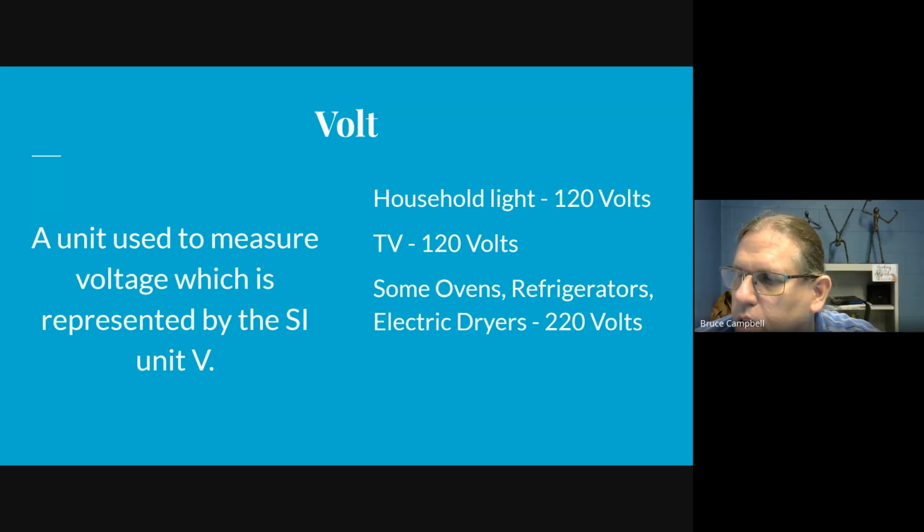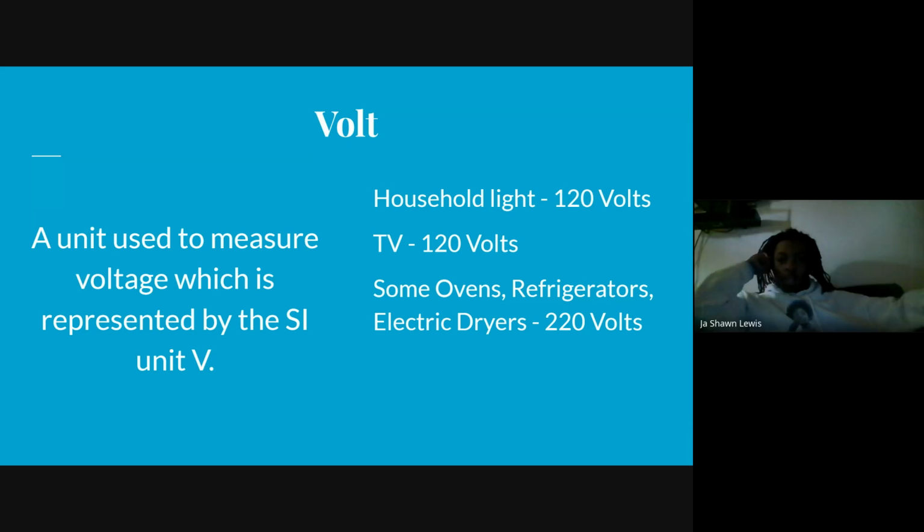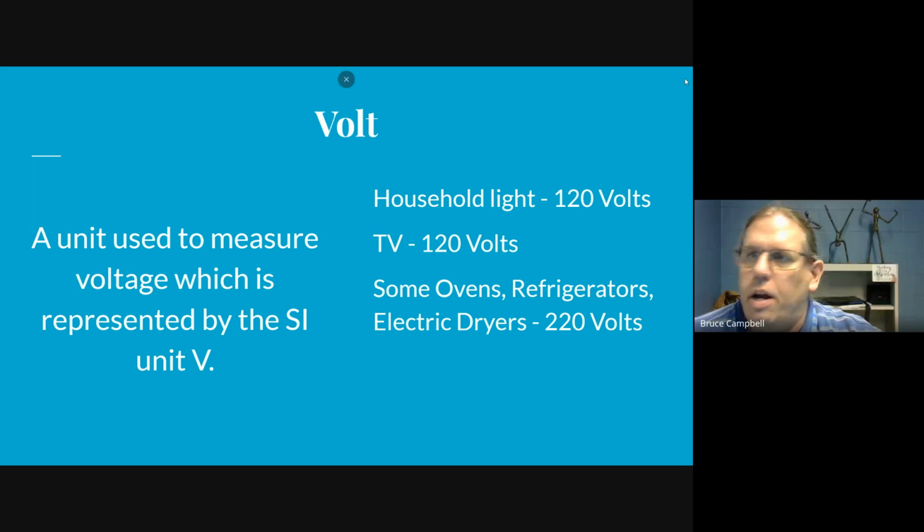Haven't you helped somebody move a dryer and looked at that? You gotta unplug that from the back of it. It's just the fact that the appliance needs more power, and you need to have more ability to deliver power.